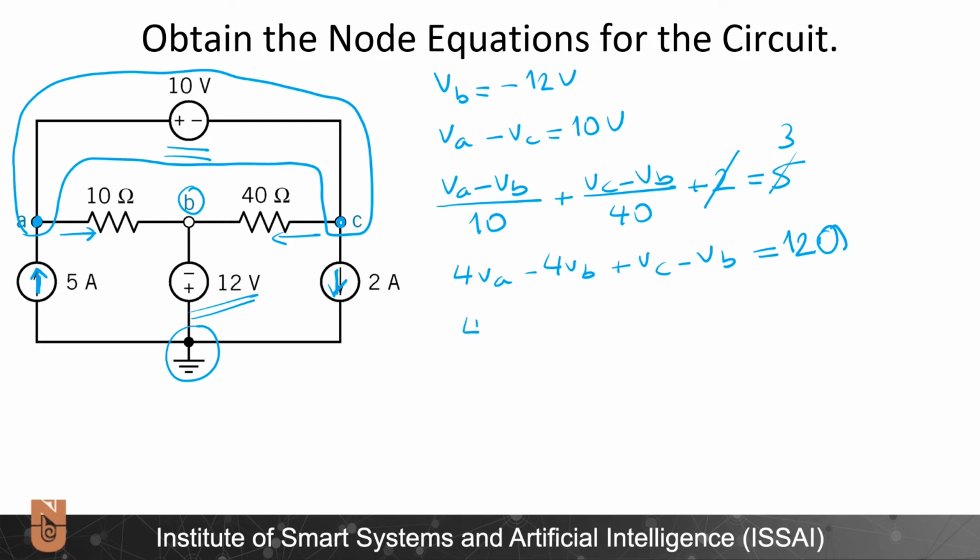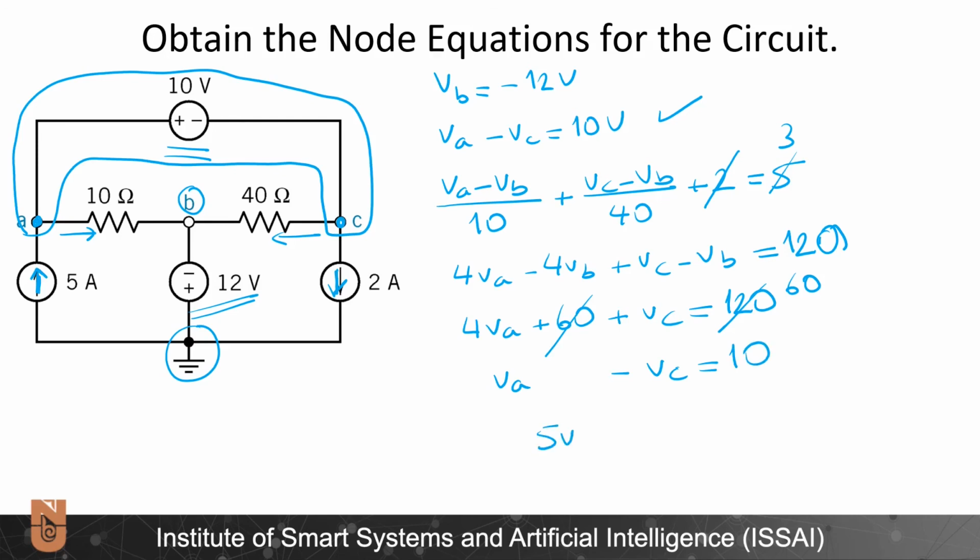So I will have 4VA plus 60 plus VC is equal to 120. So this can be further simplified. And I can just go and use this equation here, and write it underneath this. VA minus VC is equal to 10.